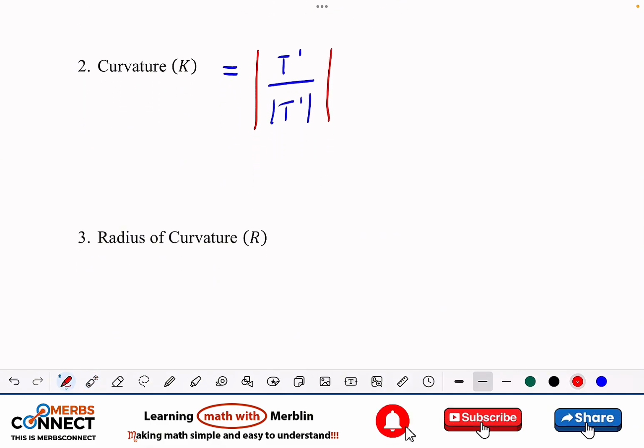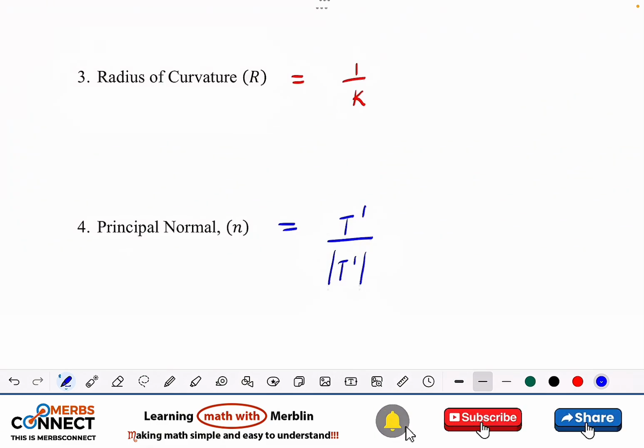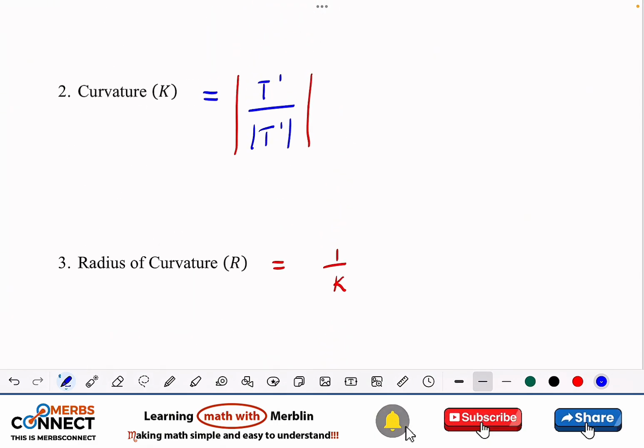Now the radius of curvature is just equal to 1 divided by the curvature. And then the last one is the principal normal, which is the unit tangent divided by the magnitude of the unit tangent. So these are the things that we need to do.